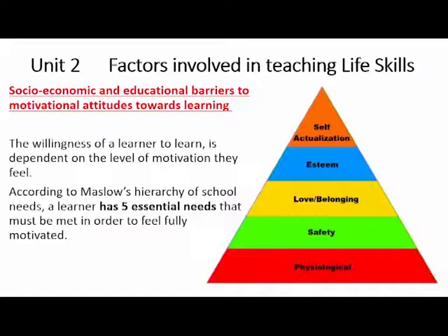So when we look at the hierarchy of school needs there, we will see that physiology is at the bottom. So that would be your needs that you have in terms of food, of health, in general. Water. The second one is safety. Do you have a safe place in which you stay?